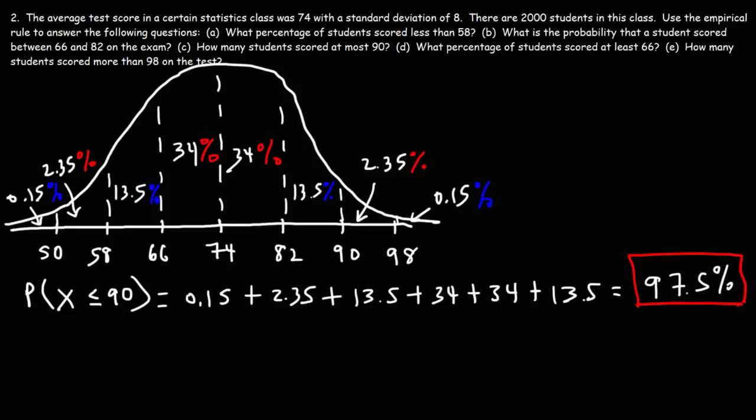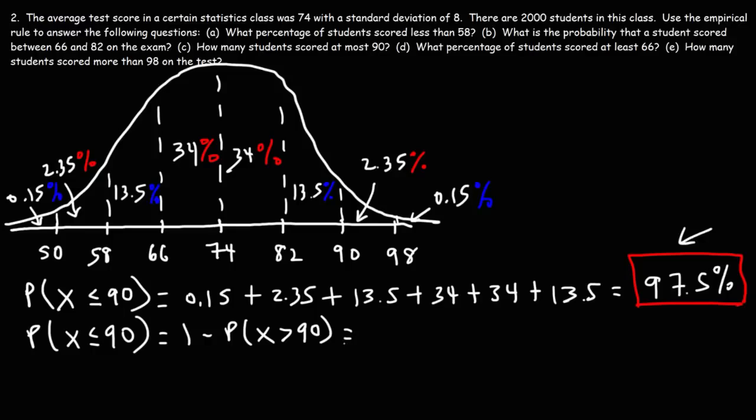Now we're not done yet, but there's another way in which you can get this answer as well. You could say the probability that x is less than or equal to 90 is equal to 1 minus the probability that x is greater than 90. And the calculation for this will be easier. Now, 1 as a percentage is 100%.